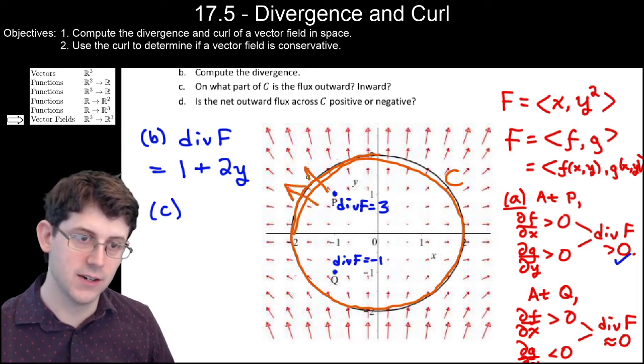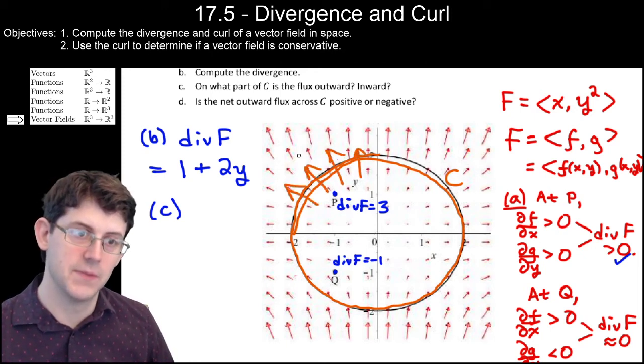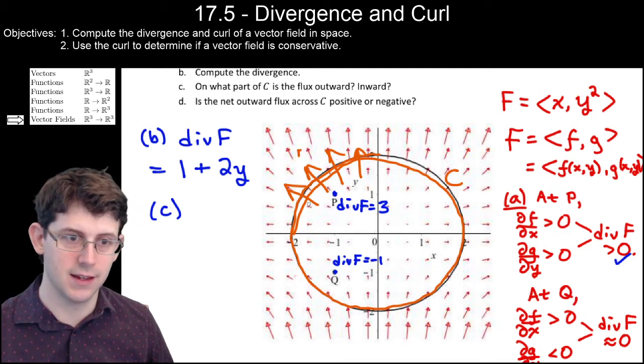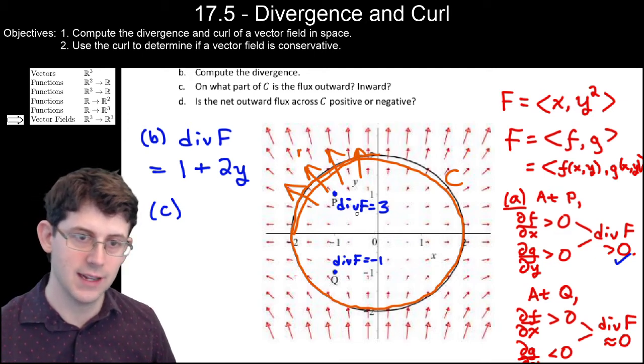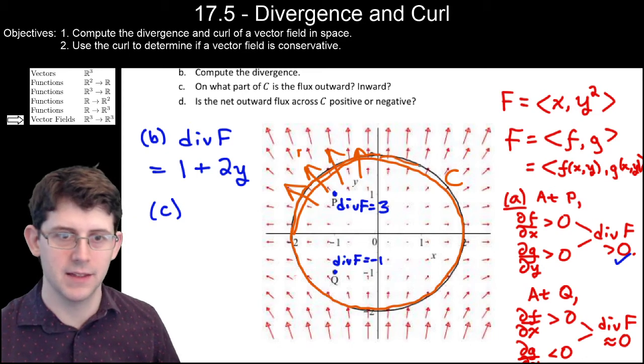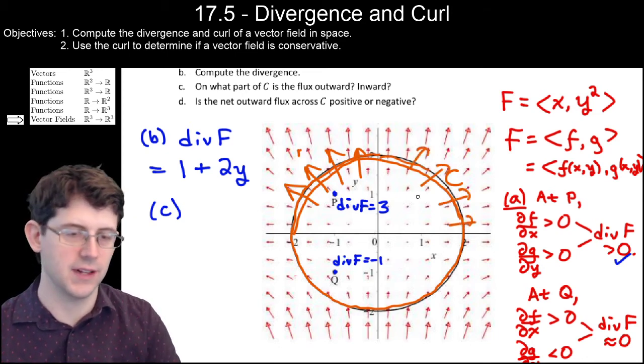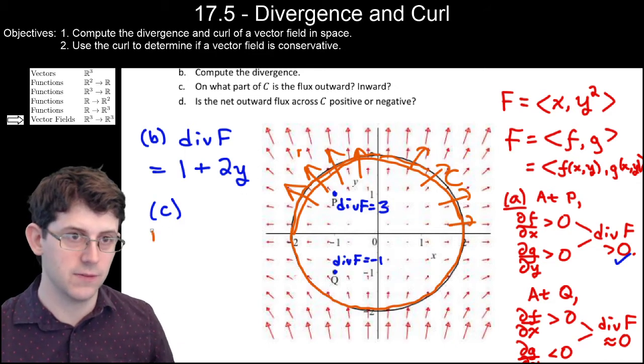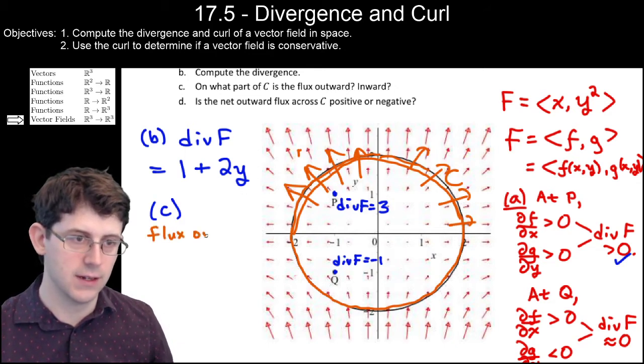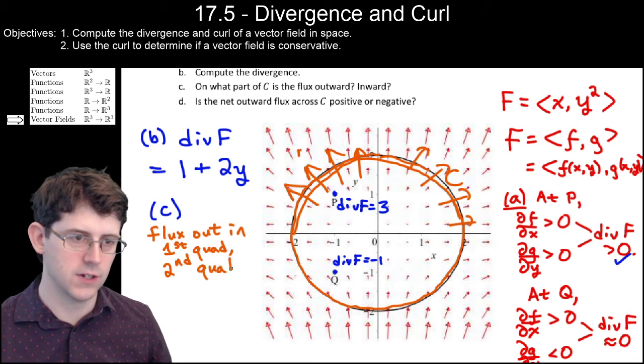All the vectors are agreeing, let's get out of here. So up here in the second quadrant, the flux is out. In the first quadrant, the arrows are also going out of C. So the flux is outward. So flux out in the first quadrant, second quadrant, for sure.